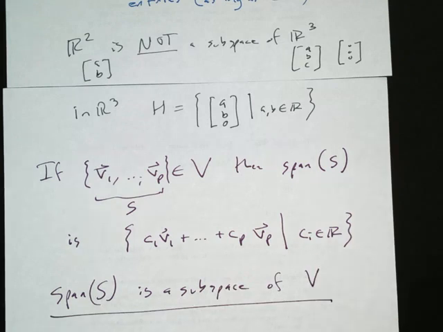The span of a set of vectors is a subspace of the vector space it comes from.